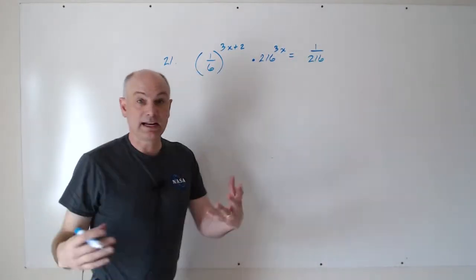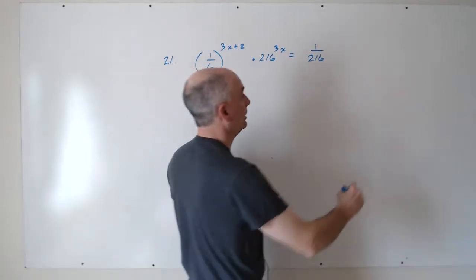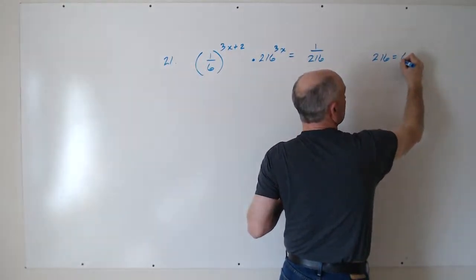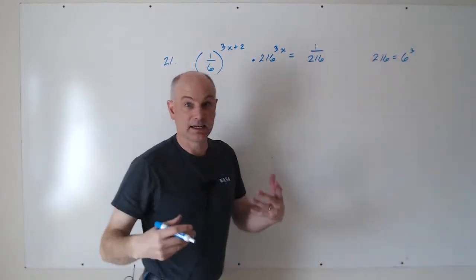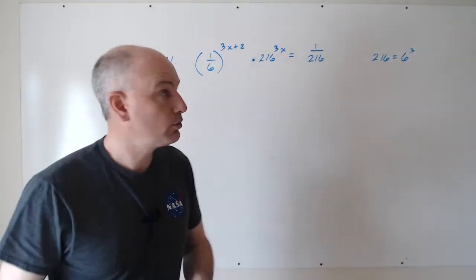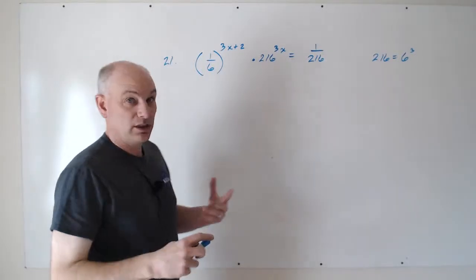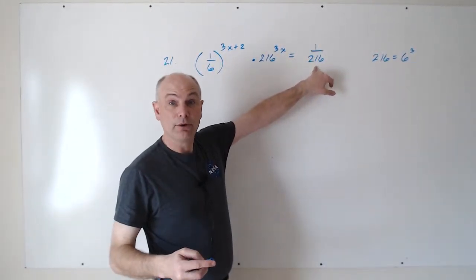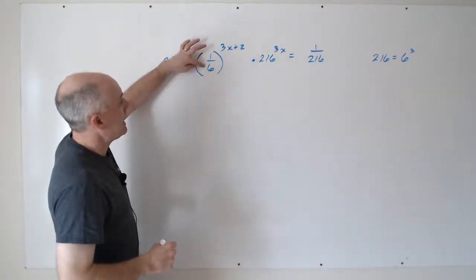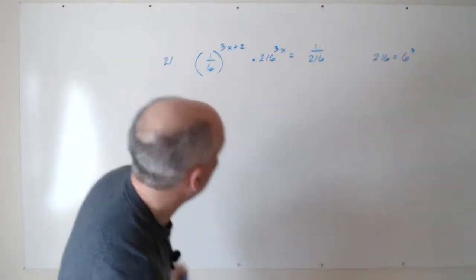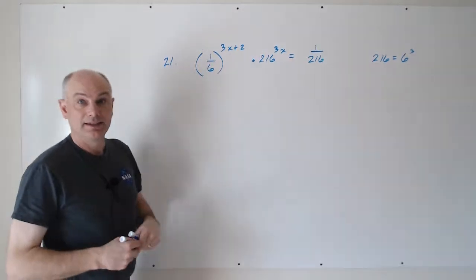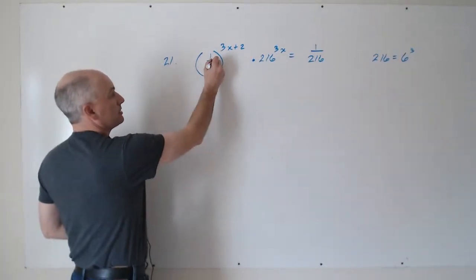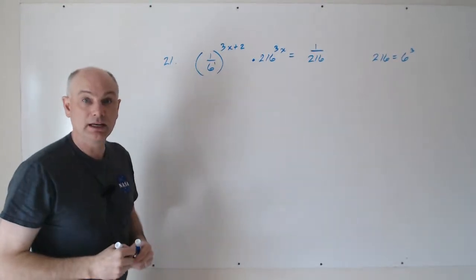Okay, so something that obviously is going to speed us up here a little bit is we already know that 216 is equal to 6 to the 3rd power. So that's going to make this a little bit quicker, because what do you think I'm going to do with the 216s? I'm going to change those to 6 to the 3rd power. Now, what I have to keep in mind on this first part is kind of what we did on the last problem as well, is that this is a 6 to the 1st power in the denominator.